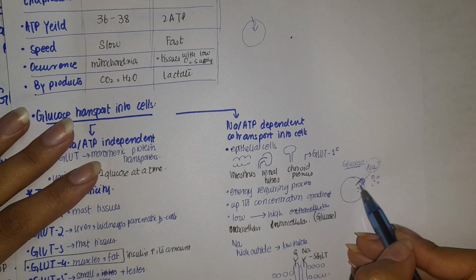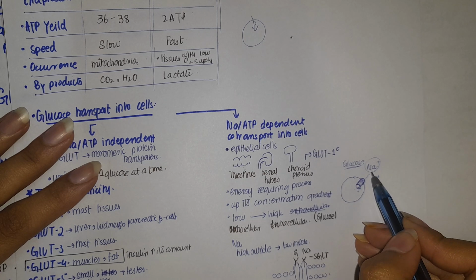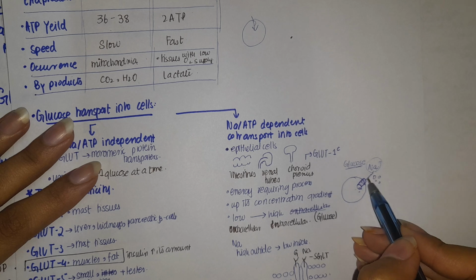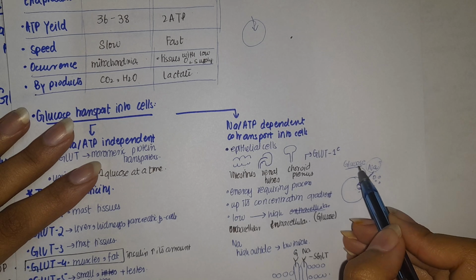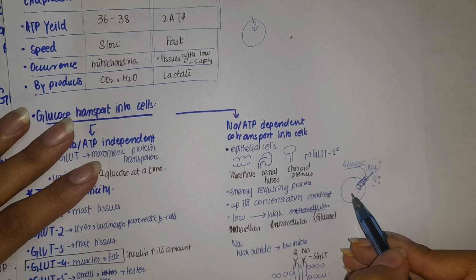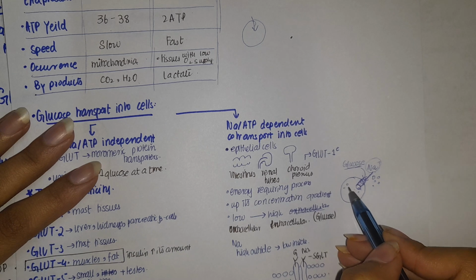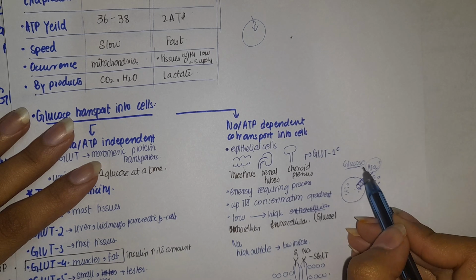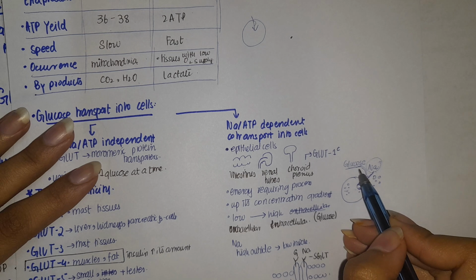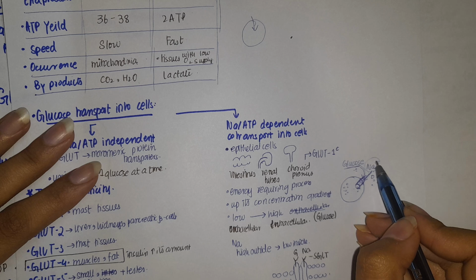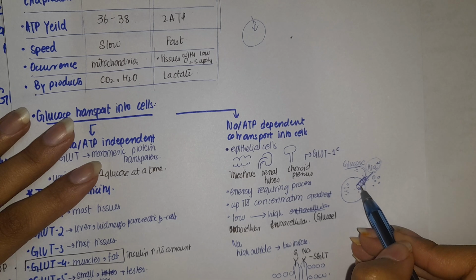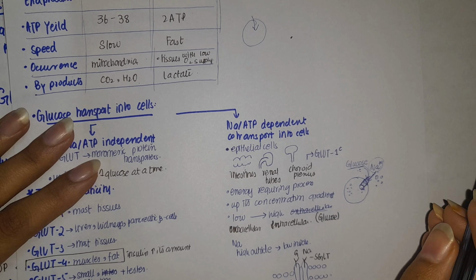So the energy here is supplied by sodium. With the sodium, the glucose will also be transported in this reaction, but glucose is going against its concentration gradient. Glucose was more inside the cell. So to move it against its concentration gradient from low to high, we need certain energy, and that energy is supplied by the sodium, which is moving along its concentration gradient.